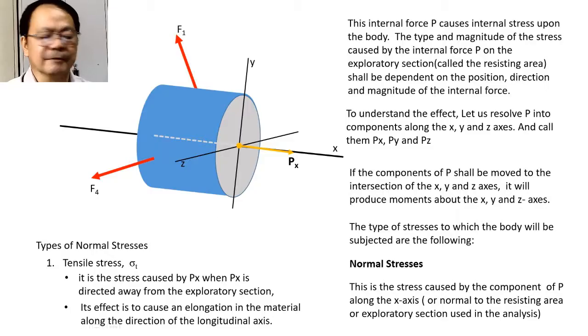And its effect is to cause an elongation in the material along the direction of the longitudinal axis, and the direction is along the x-axis where the P is also directed.